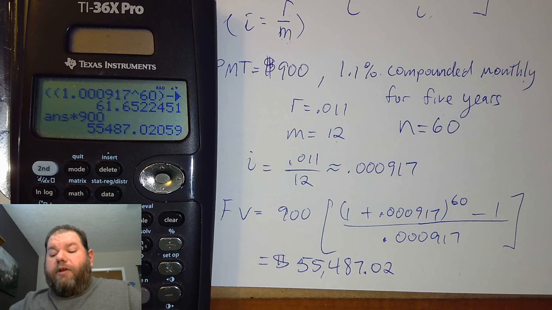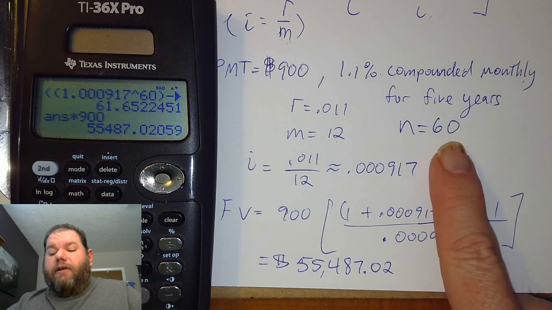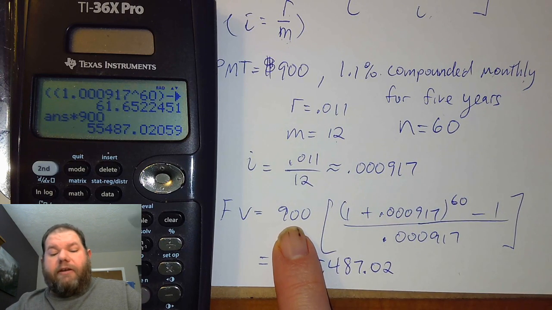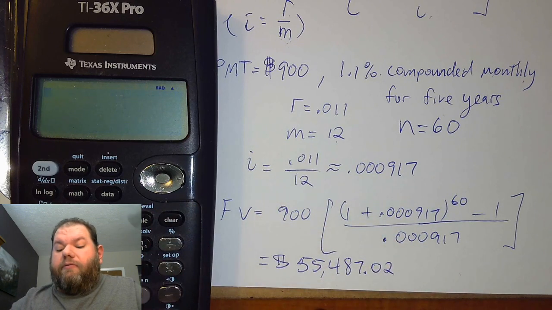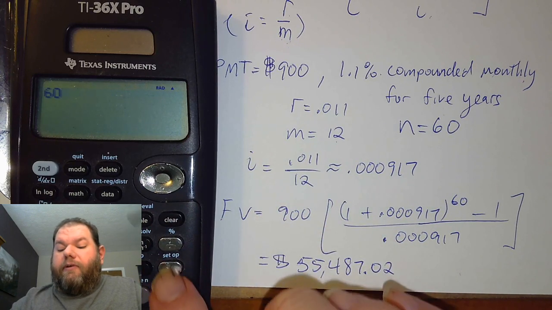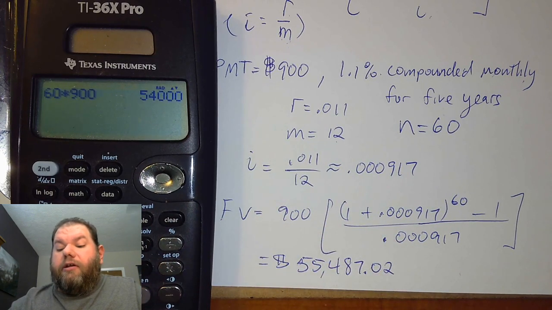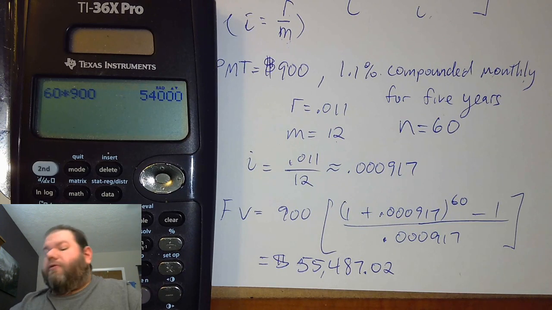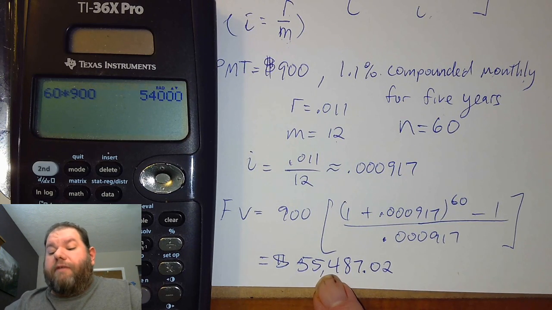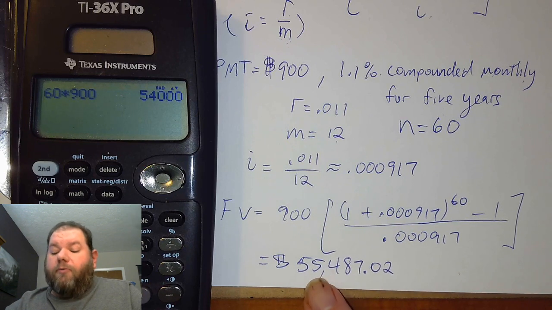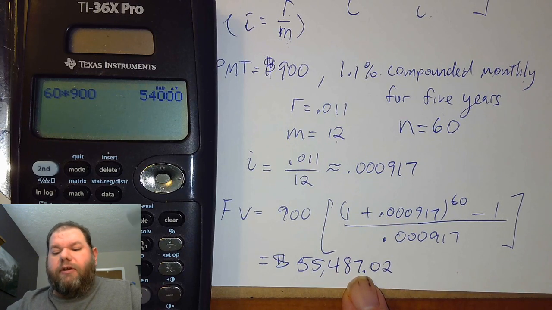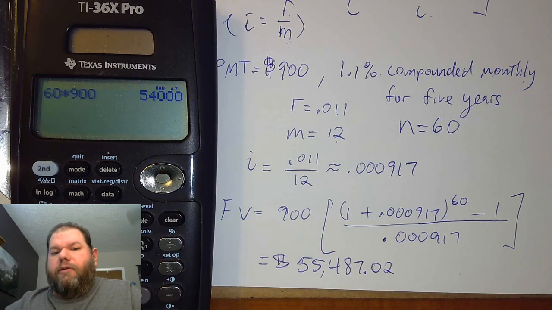But remember, over those 60 months, we've been depositing $900 a month. So 60 times 900 is 54,000 right there. So we actually earned in that 5-year period $1,480, well, almost $1,500 in interest on top of the money that we deposited.